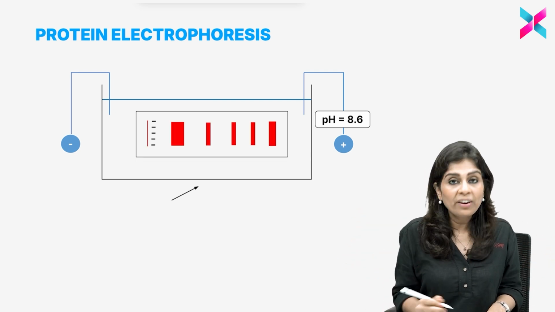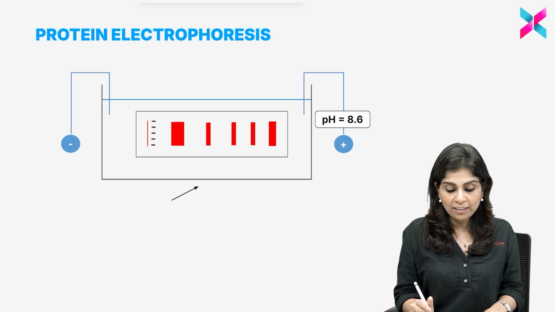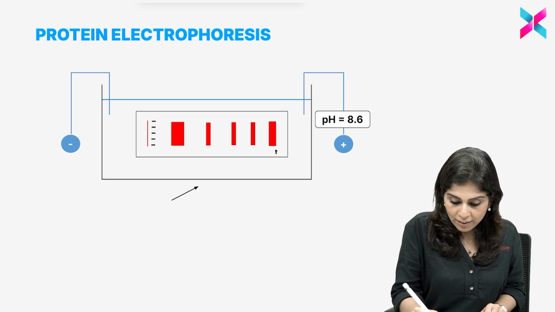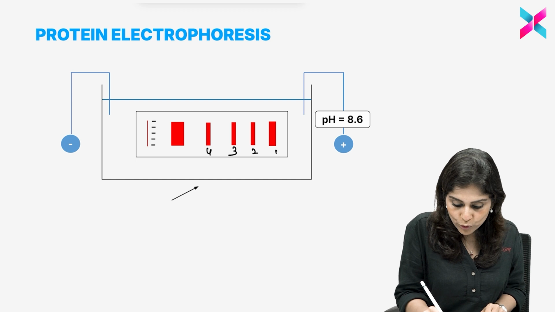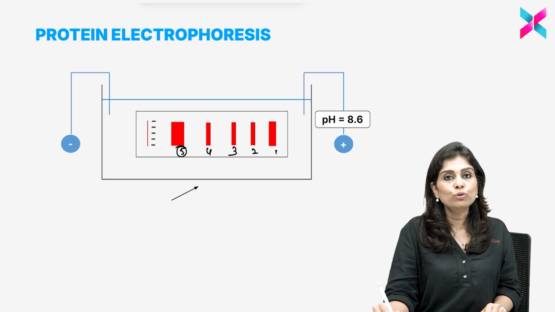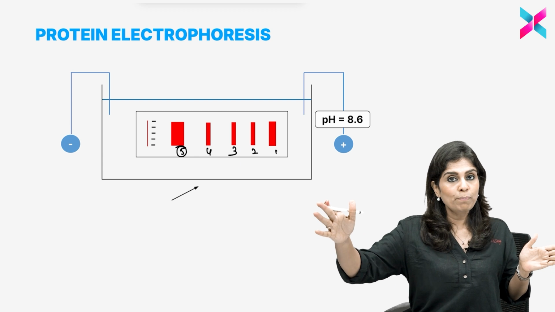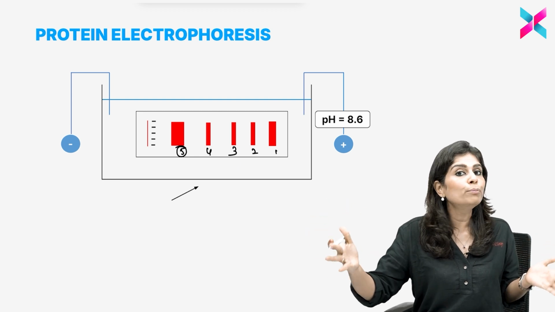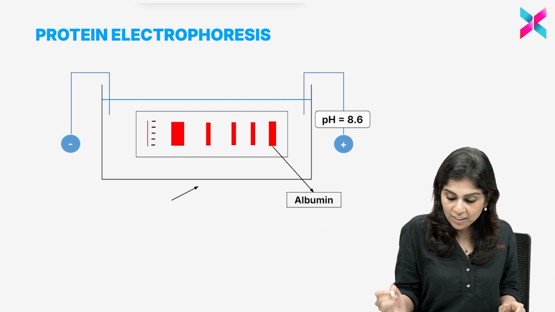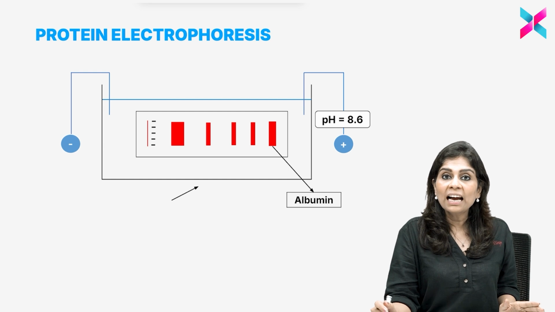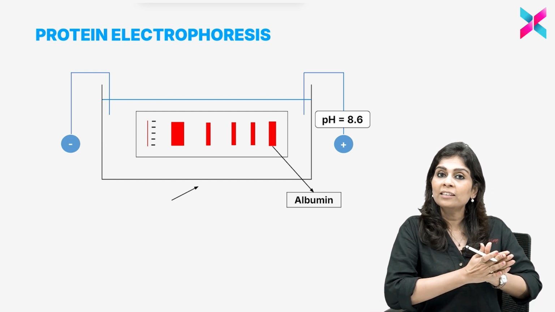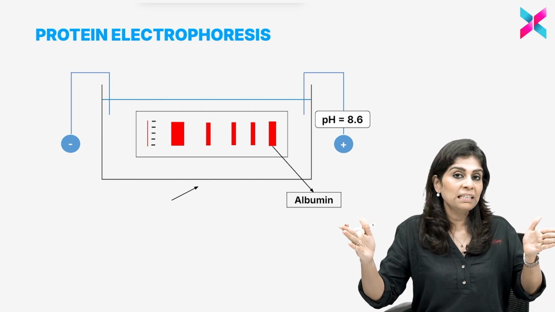Now, what are these 5 bands? Do you see 5 bands here? Right? So, how many bands can you see normally in protein electrophoresis? 5 bands. The band that is present farthest from the point of application is the albumin band, for obvious reasons. Why do you think the albumin band is the one that is present farthest from the point of application?